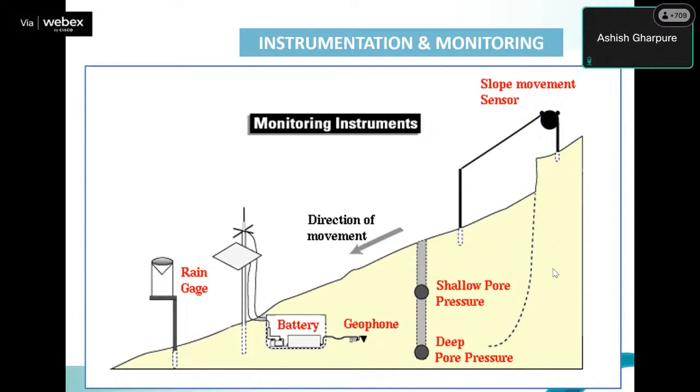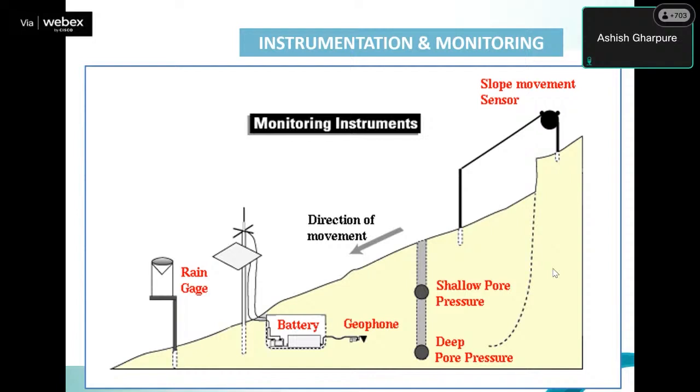Now, why I'm giving this preamble is that we can always doubt whether the solutions given are performing as estimated or not, and that's where the monitoring comes into place. You monitor through pore water pressure, because water is one of the causes.